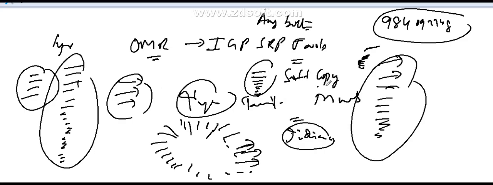Sir, can you say your number, sir? 9840. This is also a Chennai number only. Okay, 98409 22248. And don't worry, this class will be recorded. So tomorrow if you want to refer, you can always refer.